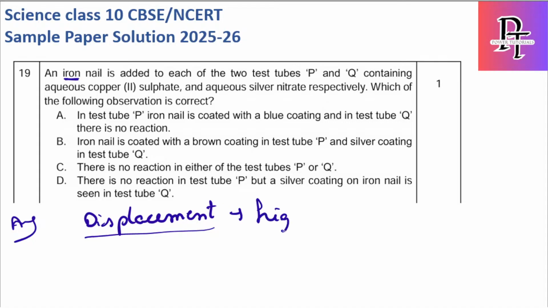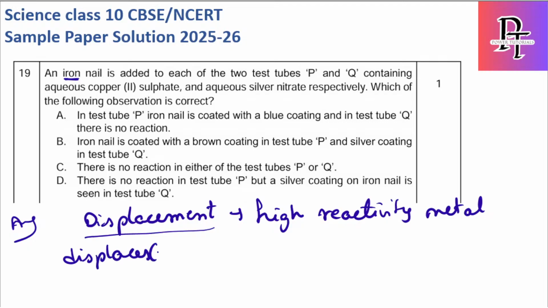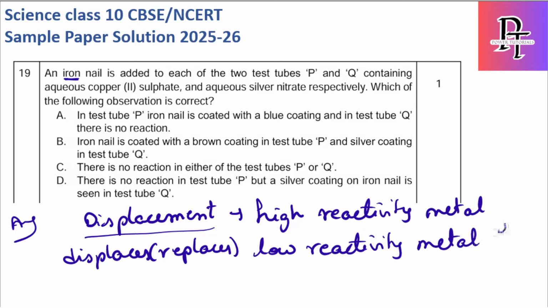Simply put, a high reactivity metal displaces or replaces a low reactivity metal from its solution.